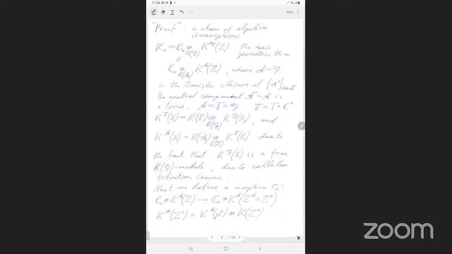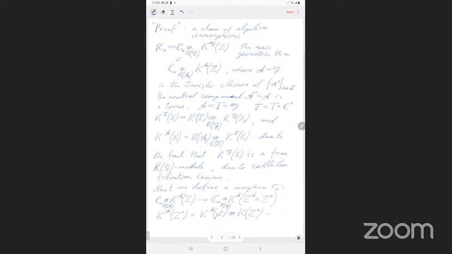And then when I tensor over the representation ring with this one-dimensional module C sub A, I just get a one-dimensional space.